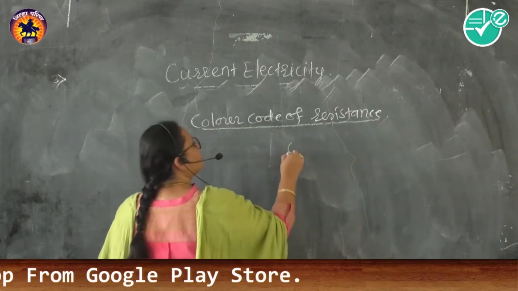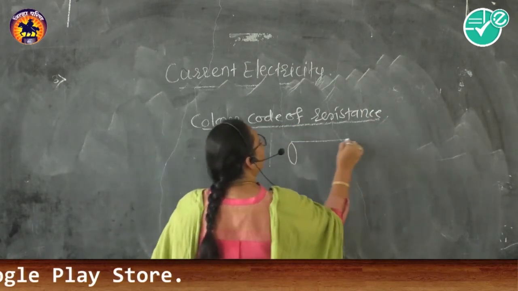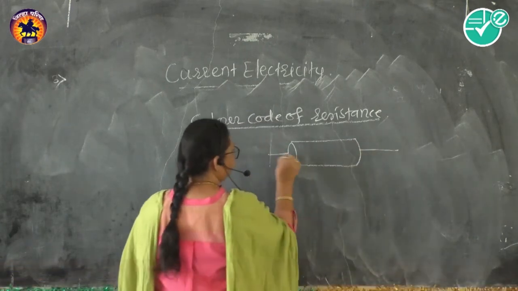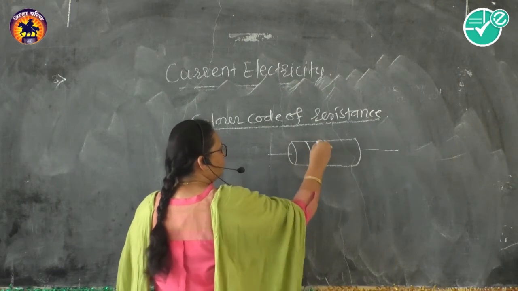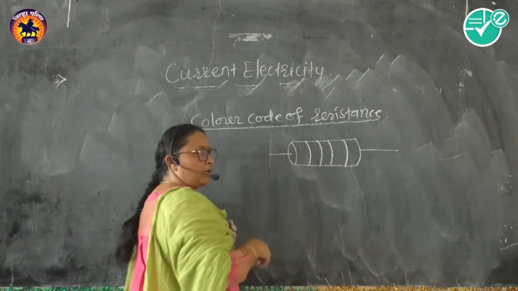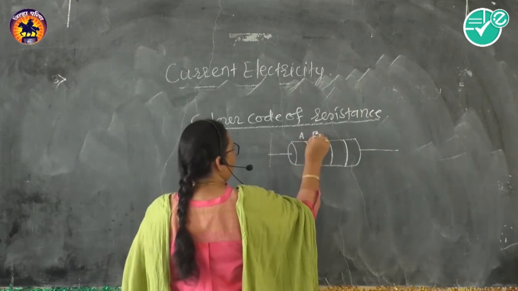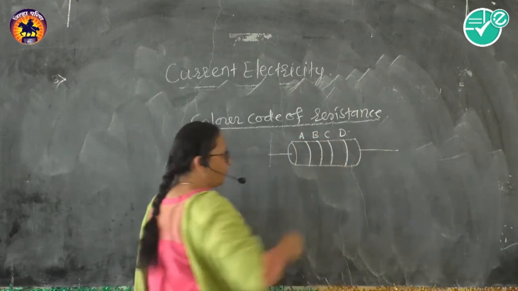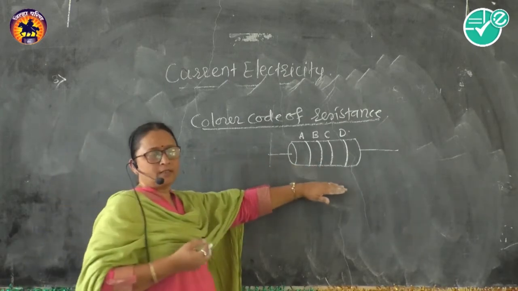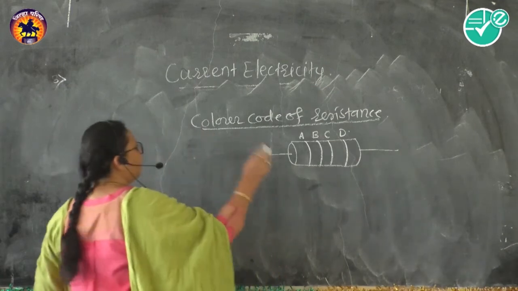That carbon resistance has 4 color bands on it. Suppose these are A, B, C and D. By using these 4 color bands, we can determine the value of this resistance quite quickly.